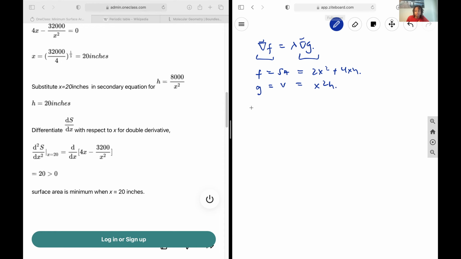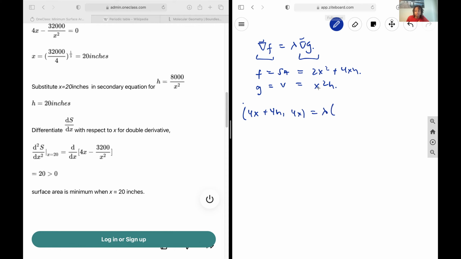What this means is that we're going to have in vector form the derivative with respect to x followed by h. So let's just write that out. That becomes 4x plus 4h. And then the derivative with respect to h is going to become 4x.